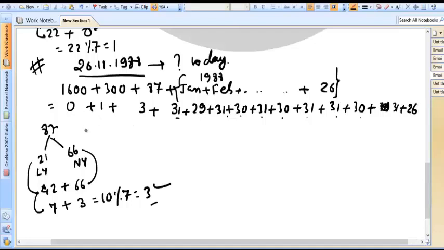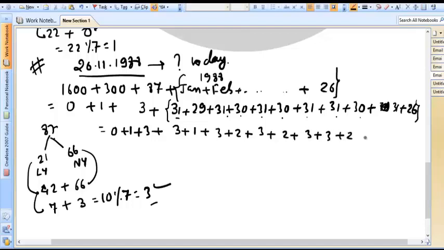So I have 0 plus 1 plus 3. Now this particular part will come out to be 3 plus 1 plus 3 plus 2 plus 3 plus 2 plus 3 plus 3 plus 2 plus 3 and then plus 5. I'll remove the combinations of 7.